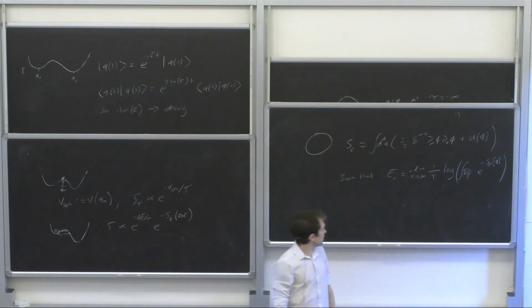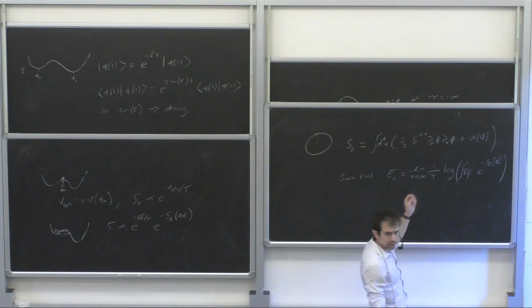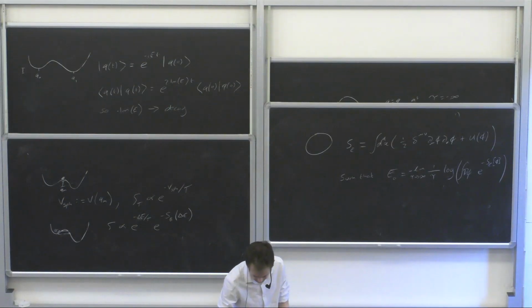So here we're taking the large tau limit, just like usual, to extract the lowest energy eigenvalue.